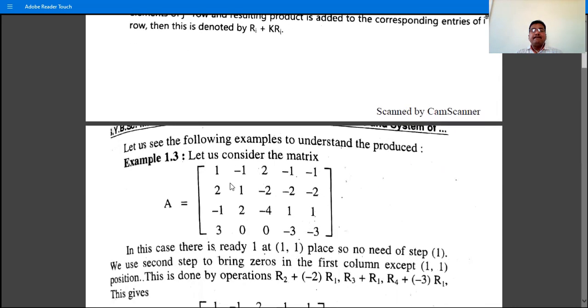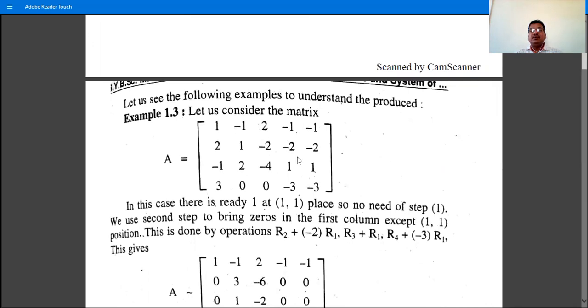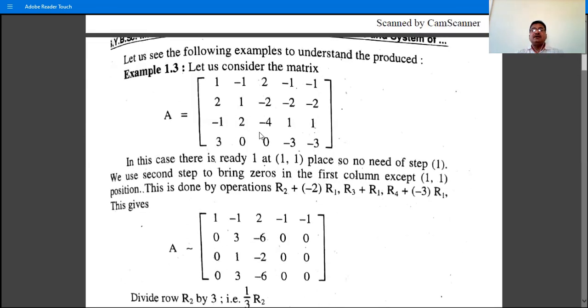So the question is this: we have to reduce this matrix to its row echelon form or echelon form. In order to reduce this matrix to row echelon form, we follow the procedure that first we reduce the a11 place element to 1. If this element is 0, suppose the 11 place element is 0, then we reduce the 21 place element to 1 and interchange the first and third rows.